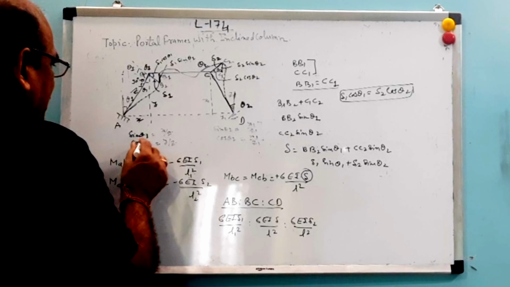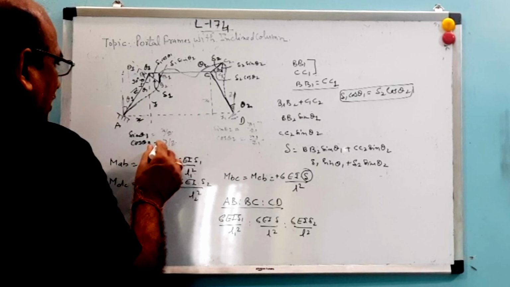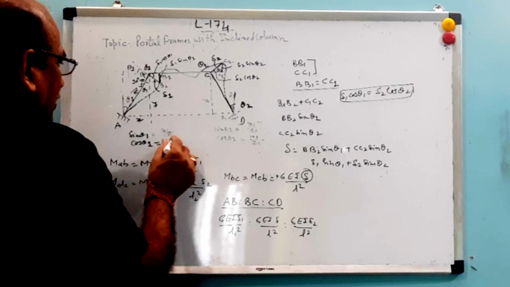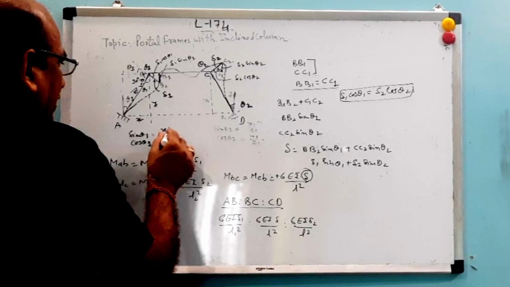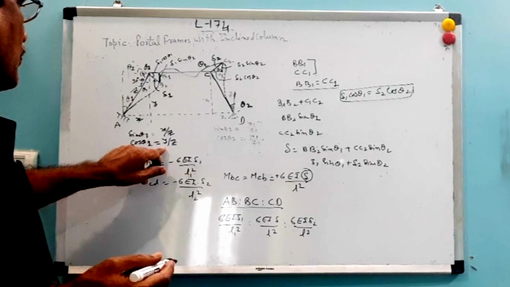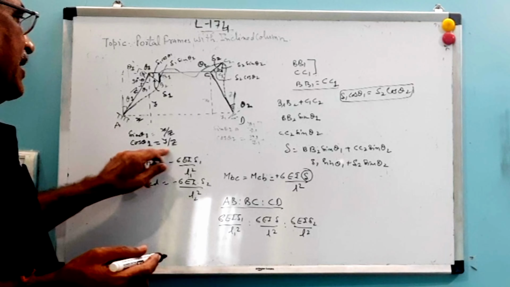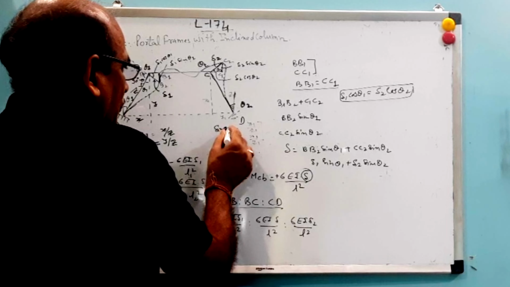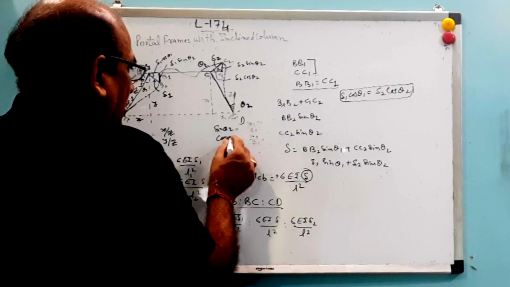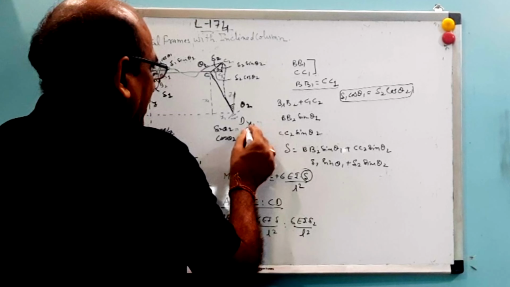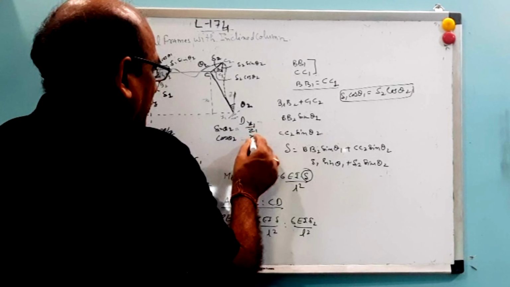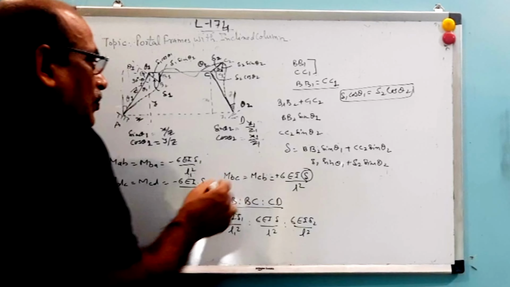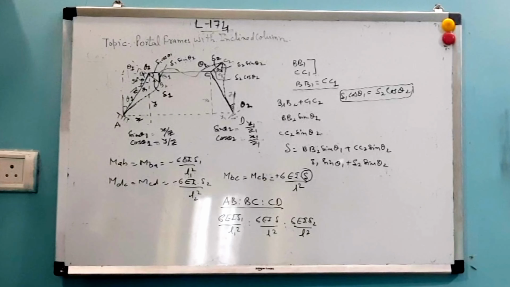Remember, cos theta 1 is the opposite, Y by Z, that is vertical divided by hypotenuse. In the same way, sin theta 2 and cos theta 2 equal X1 by Z1 and Y1 by Z1. So these are the formulas with the help of which we can always resolve this problem.